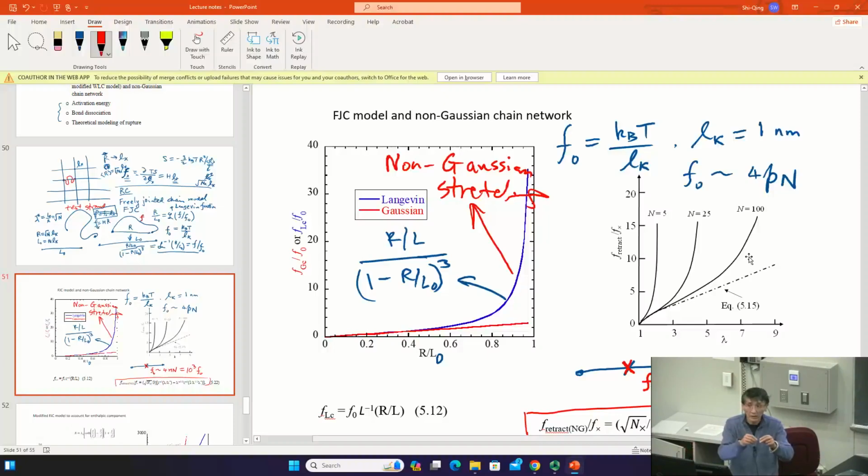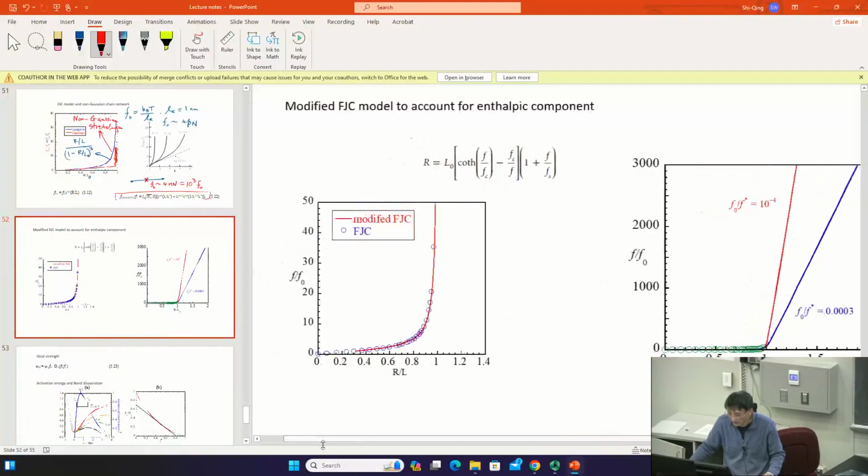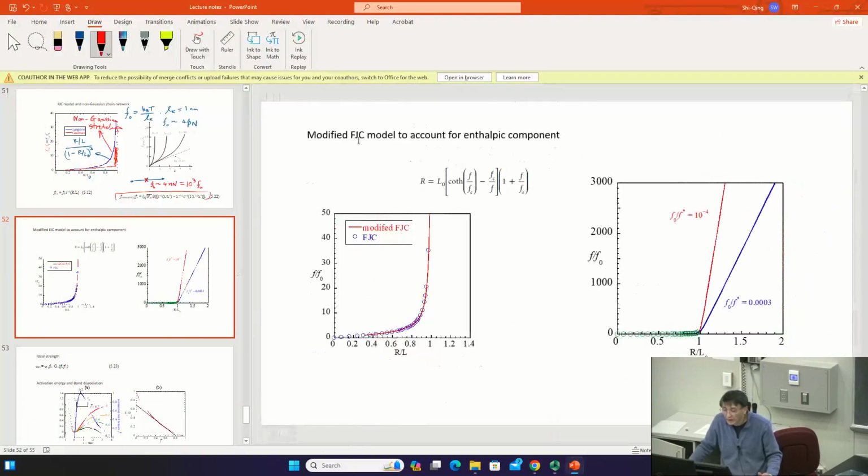The rest of this thing straightened and still being stretched, very little amount being stretched, must involve stretching the bond now. Well, of course, people know that's the case. So people have developed the so-called modified freely jointed chain model.